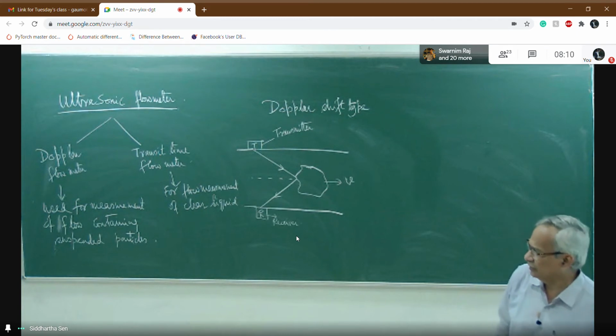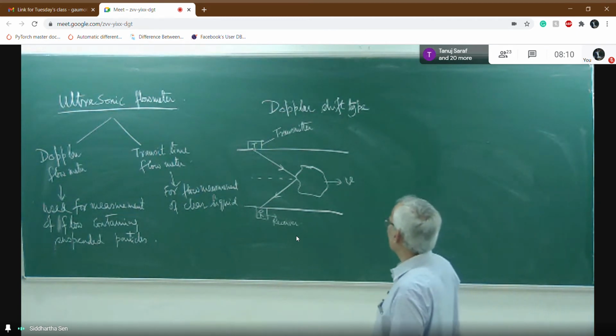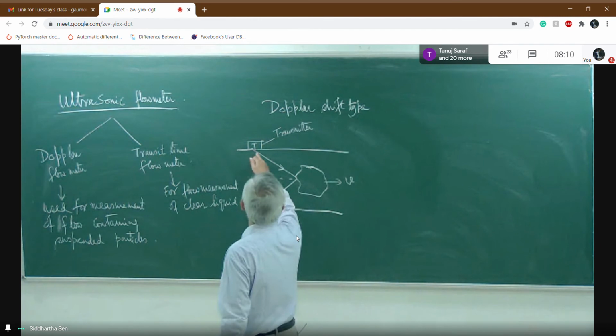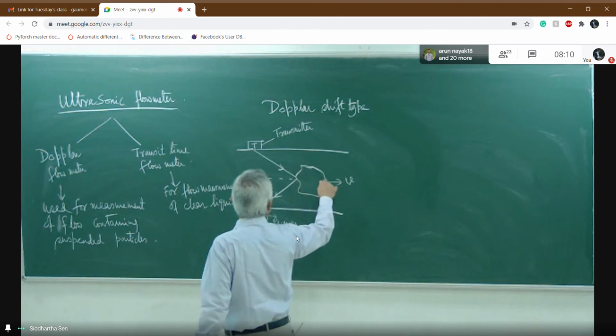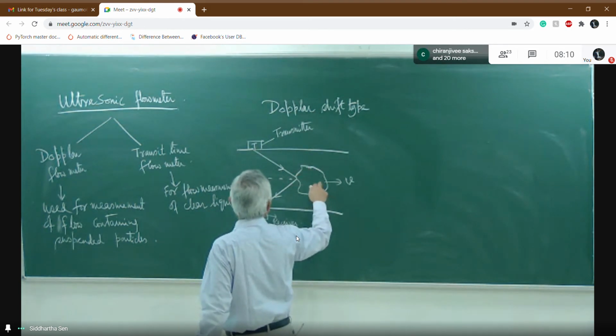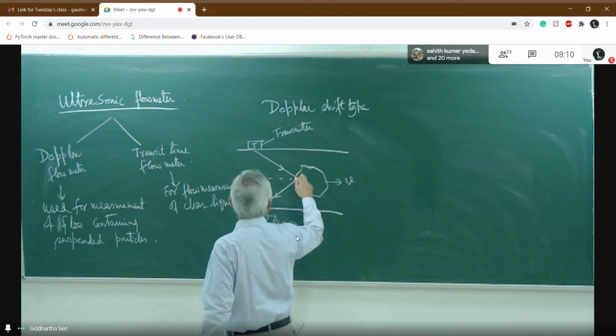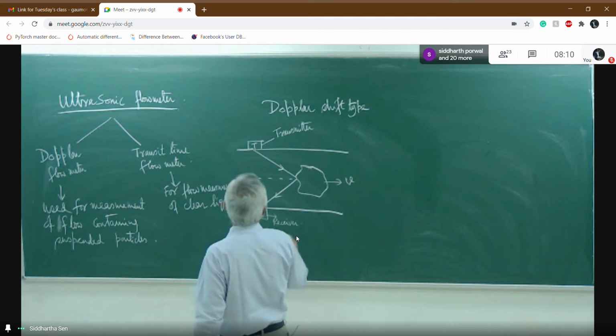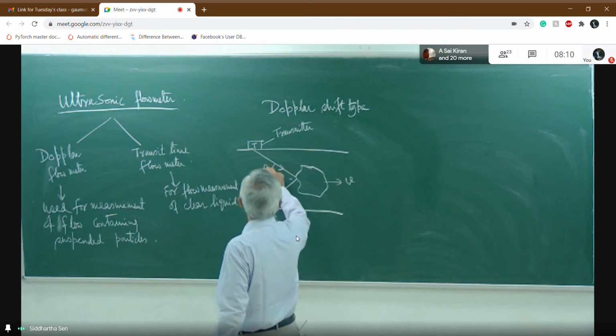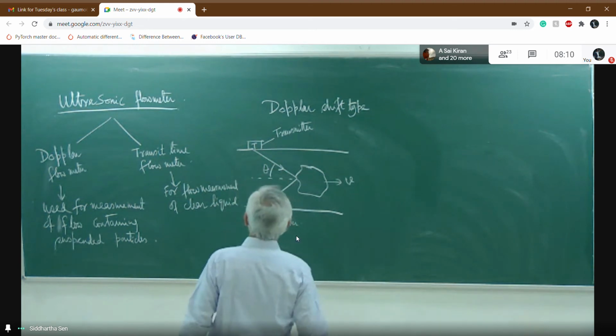So this is the transmitter which sends an ultrasound wave into the liquid, and wherever there is a moving particle suspended in it, the wave gets reflected. Suppose this is the reflected one, and it is received by the receiver, and say this angle is theta.